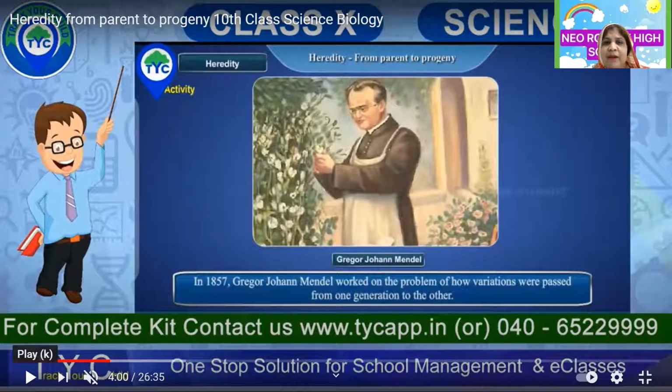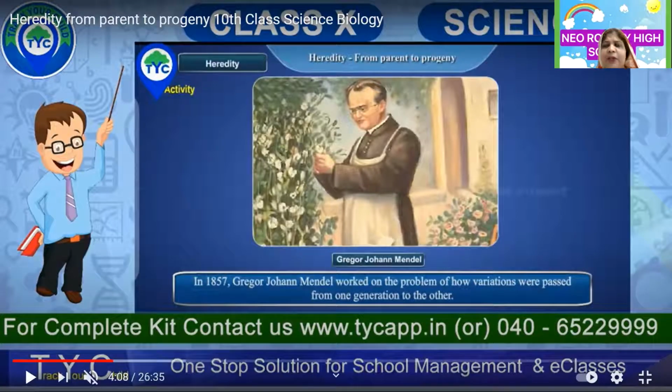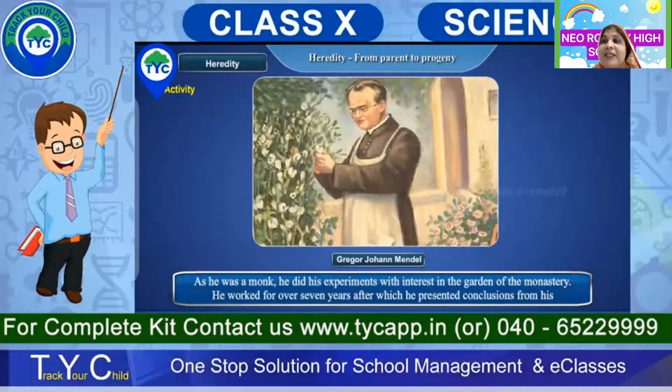So what did Mendel do? Because he wanted to see the variations, he said that you are not just similar to your parents, because your mother and father both mixed characters and you have come out with some different variations. So how are these variations happening? And can we have the desired variations?